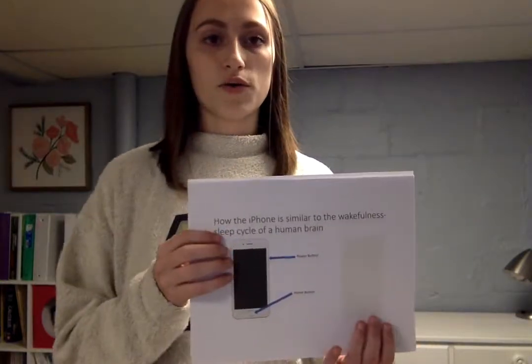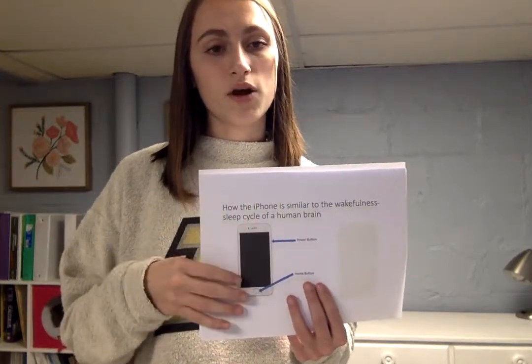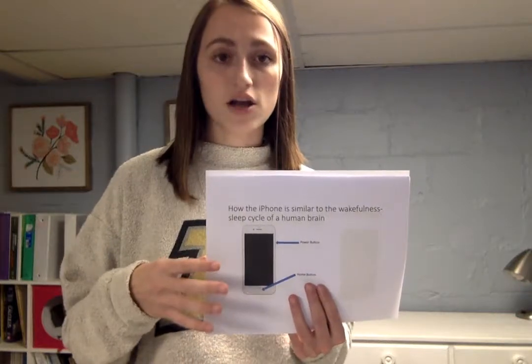One thing that I like to compare the wakefulness and sleep cycle to is the use of an iPhone. Here you can see the iPhone has the power button and the home button. The power button and the home button, as well as notifications, are very similar to stimuli.